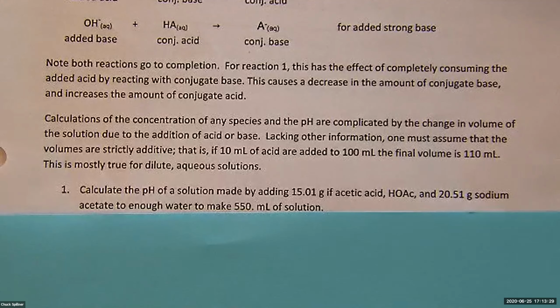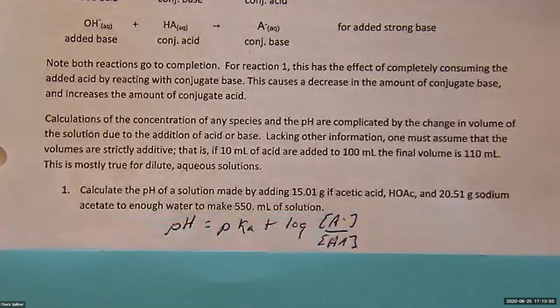Anyway, we're going to add enough water to make a 550 mL solution. This doesn't tell you what the molar concentrations are, so the first thing we have to do is figure out the molar concentrations of acetic acid and sodium acetate. So we need to calculate the molarities of those two things. That's the first step.